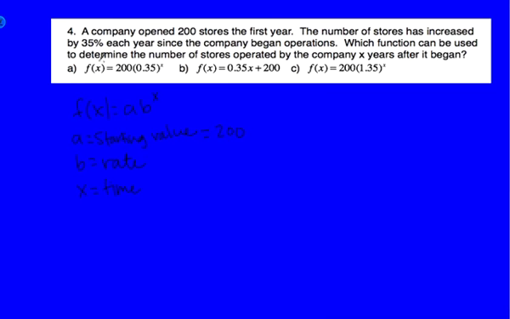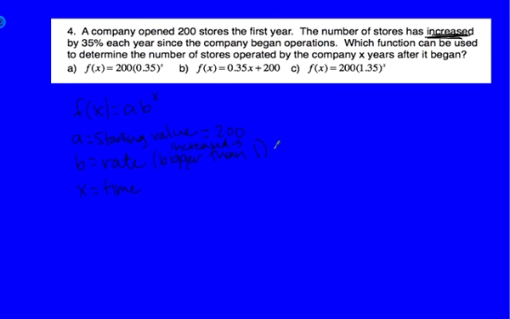So remember that we're not going to be able to just plug in 35%. If it tells us that it increased, that means the value that's going to go in for B has to be bigger than 1 because it's being increased.